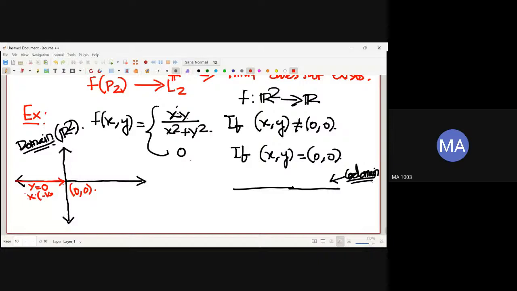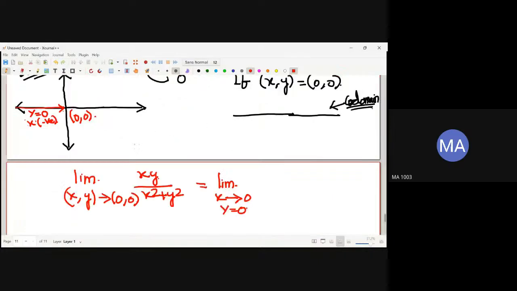So I can replace y with 0 and x tends to 0. Then what will I get here? You put 0 wherever you see y, so in particular I will get 0, right?